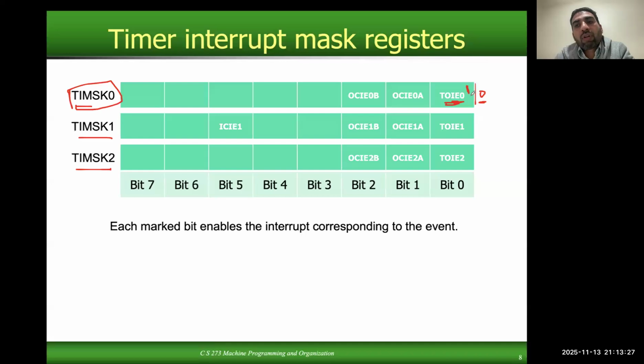However, if you want to use interrupt-based handling of that event, first you need to write 1 in this bit. Similarly, remember that timer 0 can also be used in CTC mode. In CTC mode, we were putting some value in the output compare register, right?